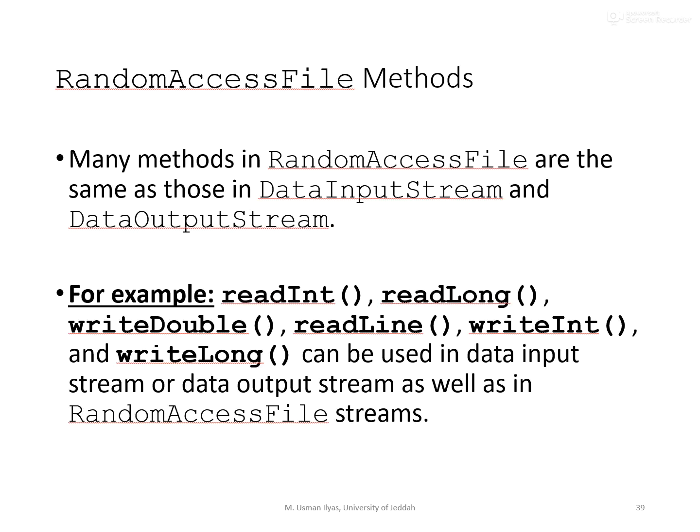Now, there are many methods that come with the RandomAccessFile class. Many of them we are already familiar with, such as readInt that we just saw, readLong, writeDouble, readLine, writeInt, writeLong. All of those are also available in the RandomAccessFile class.